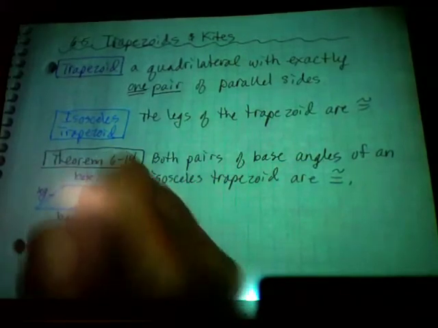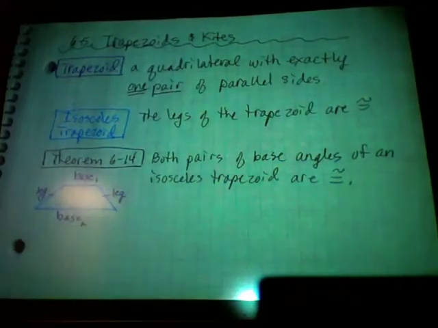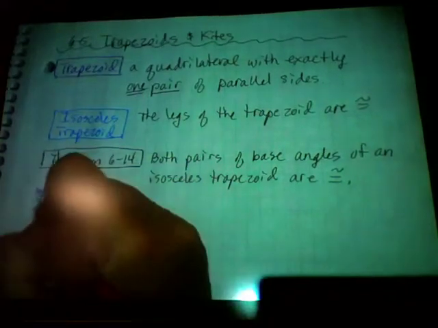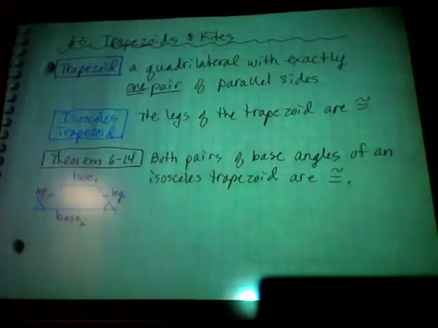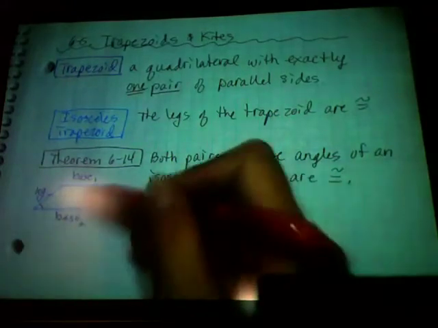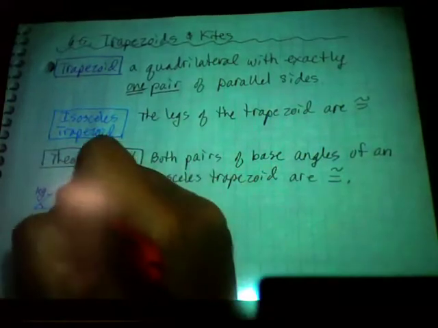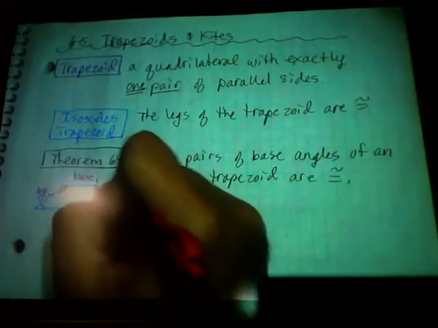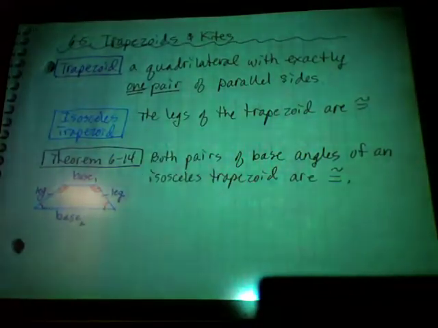So we'll call this base 1 and base 2. And in an isosceles trapezoid, according to this theorem, this would be one set of base angles here. Those are congruent. You can see that both of those are acute. But we have a second base up here, so this is a second set of base angles. Those are also congruent, and you can see that those are obtuse.